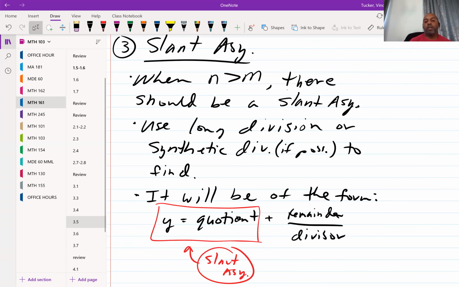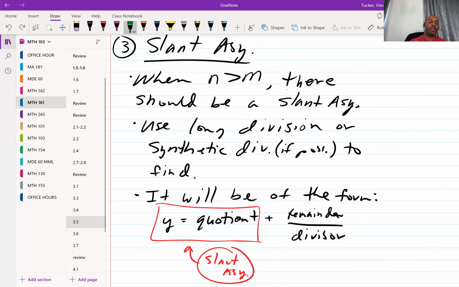All right. So it's going to be the form of y equal to quotient plus the remainder. So, when we do our long division, you'll have your answer part that comes from the division. Then you have your remainder. So that first part, that part that is considered your answer before you get to the remainder, is your slant asymptote. And then once again, we're going to do y equals.